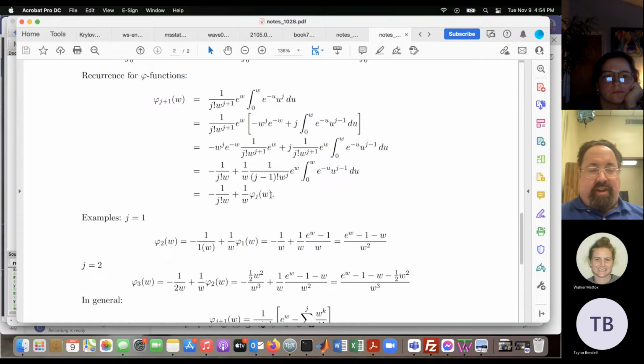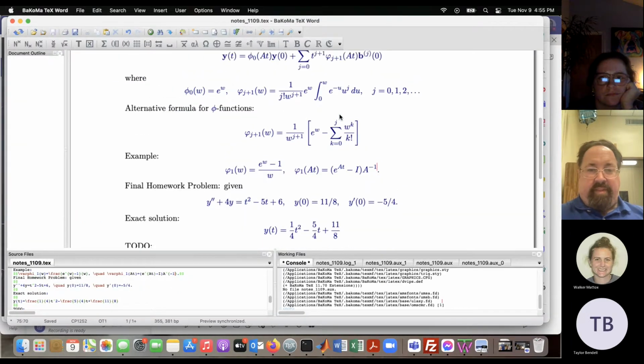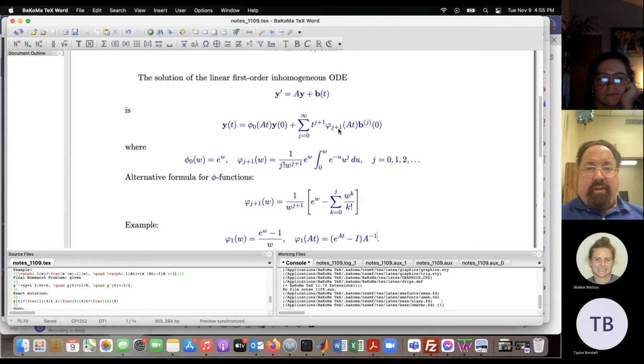So if I put that in matrix form in the notes, but notice in the solution formula, we have phi j plus 1 of At times the same power of t out here.